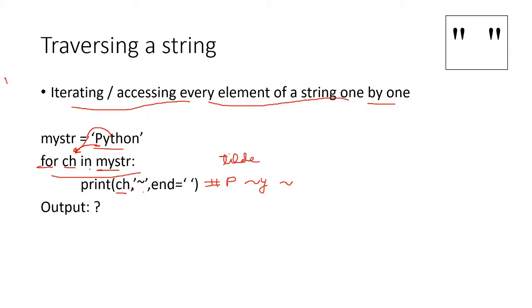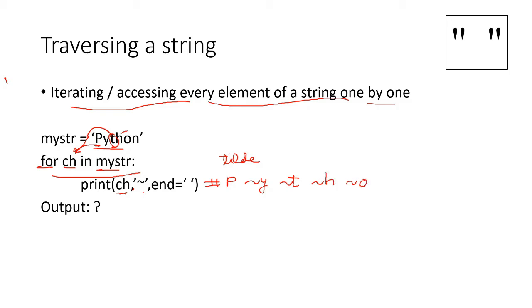The for loop is going to work again. In the next iteration, the character t is going to be stored in ch and printed here. So t is going to be printed, and again a space and a tilde symbol. The loop is going to iterate again, and next we are going to get h.